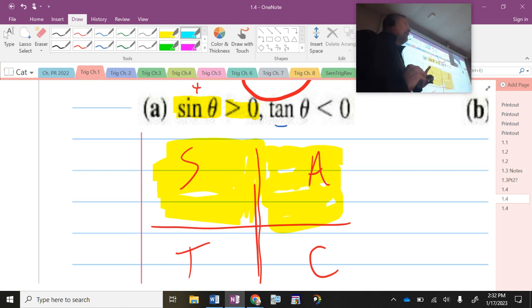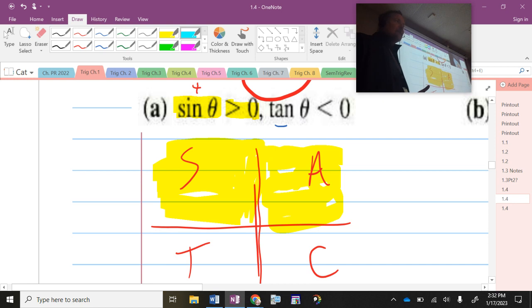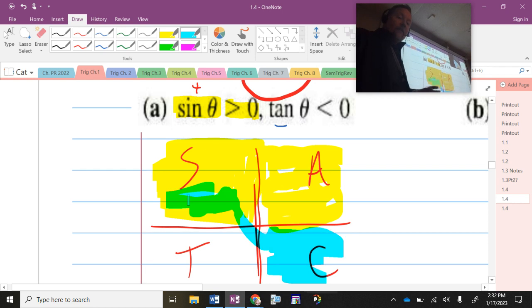So here's how we do this. What do yellow and blue make? Okay, I'm not marking this yet. Where is tangent positive? In 1 and 3. So that means it's negative in 2 and 4.